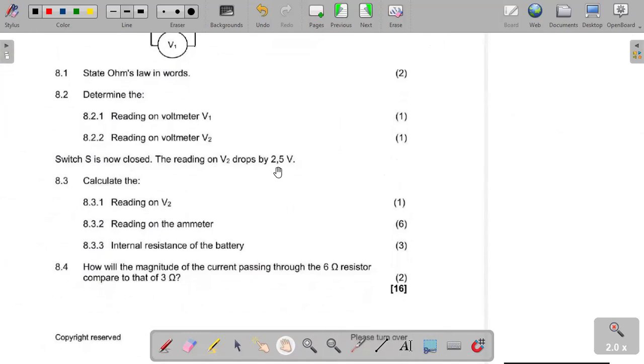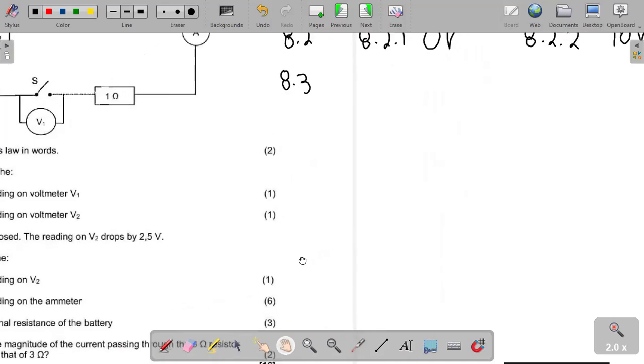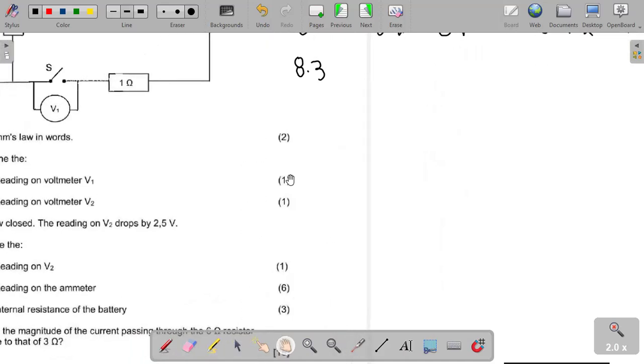So if it drops by 2.5, meaning it goes from 10, and then it drops by 2.5. So we're going to say 10 minus 2.5, then we get 7.5 volts. So that's the reading on V2.